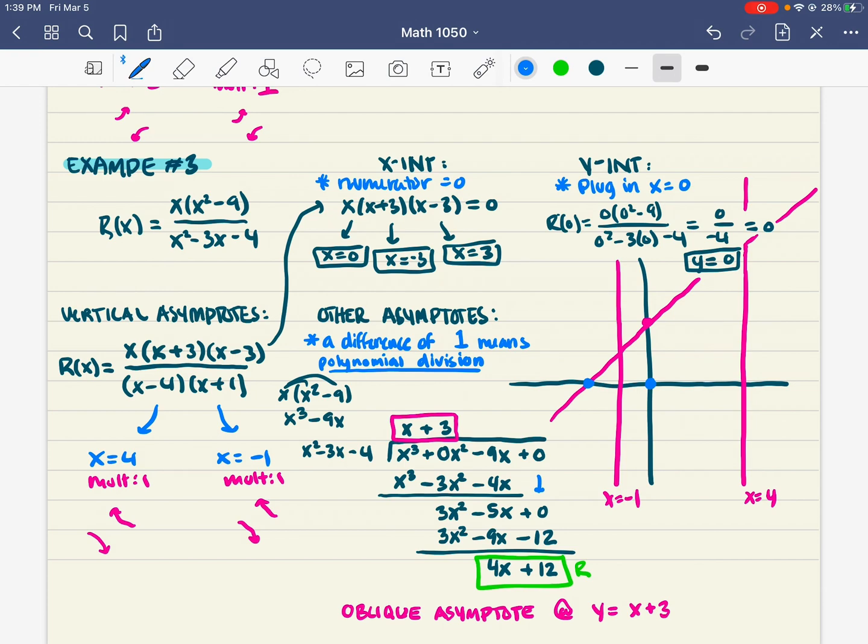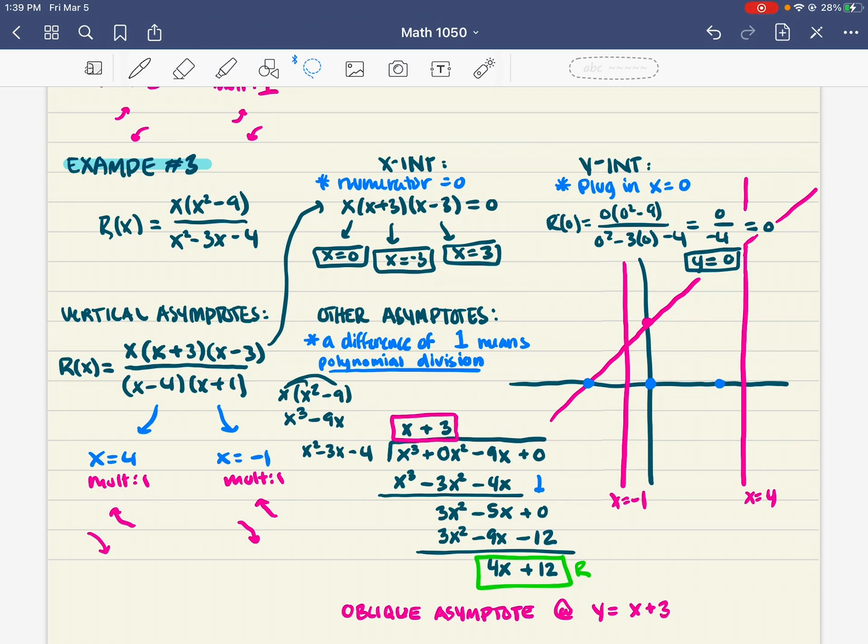Then we have one at -3, which is where that line crosses, and also one at +3, which happens here. I'm actually going to shift this asymptote over a little bit because it looks like it's not quite at -1. That's better. Okay, so here's the information that we have.